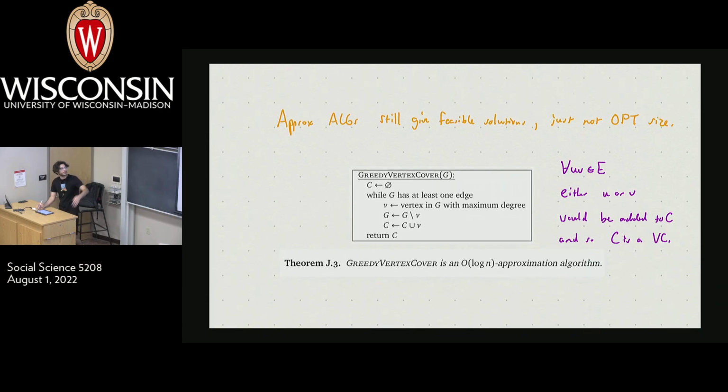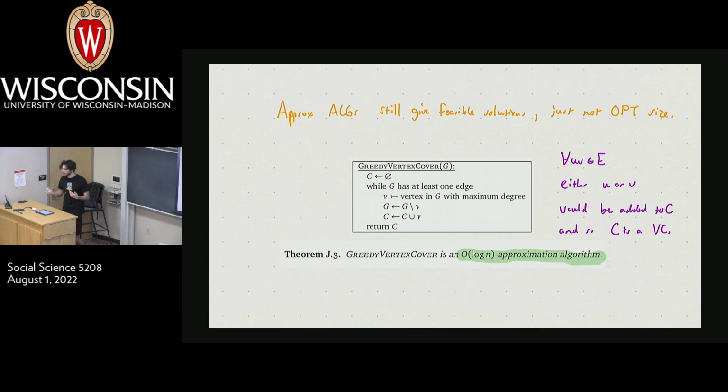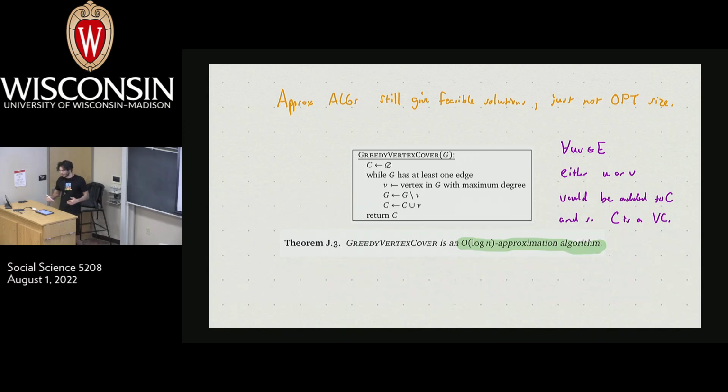Okay, so how good is this algorithm? Well, this greedy algorithm is going to be a log n approximation. So this one does grow with n. Generally, things that grow with n in the approximation ratio are pretty bad. We usually don't really like those algorithms because it says, as you give me more input data, my solution gets worse and worse over time.